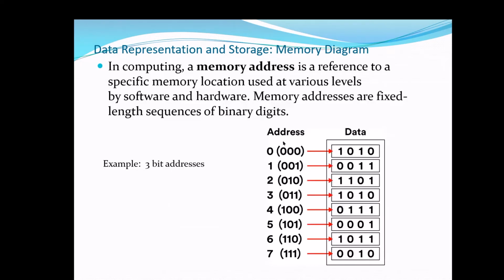If your computer is executing some code, it will go into RAM memory to find specific data or part of a program, and it uses a number, which is just a binary sequence. In this case, 3 bits are used to represent the address. Addresses in a real computer could be 32 or 64 bits, which is common now. That just tells it where a particular piece of information is.